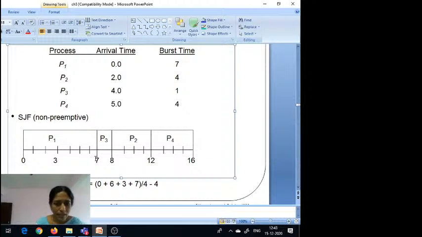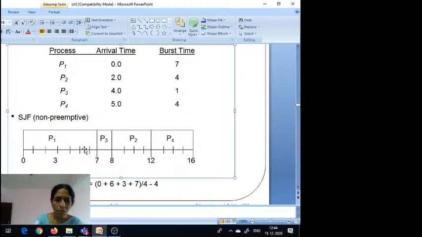Coming to P3, it entered the CPU at 7 milliseconds, and the arrival time is 4 milliseconds. That means 7 minus 4. So the P3 process is in a waiting position. How long does it wait here? At the 4th millisecond the P3 process enters the ready queue, and at the 7th millisecond P3 is executed in the CPU.